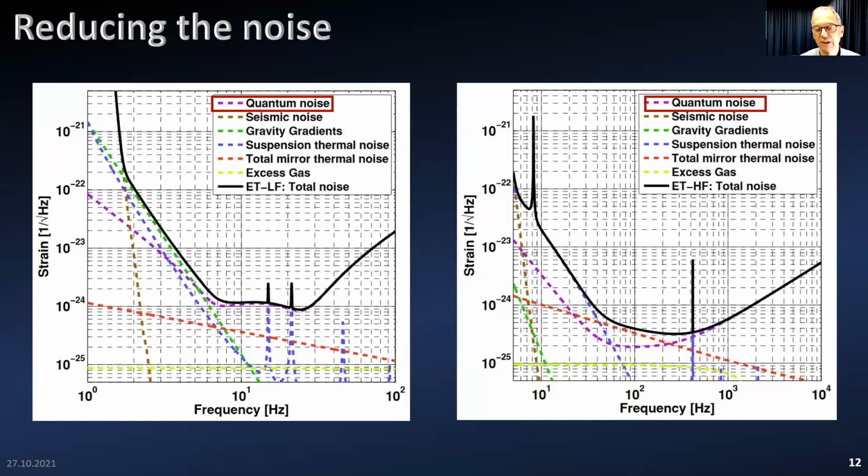For example, if you look at the right side, at the higher frequency interferometer, above something like 400-500 Hertz, the sensitivity is completely dominated by the quantum noise. And the loss of sensitivity indicated by the raising curve is entirely created by the quantum noise. So what is quantum noise?